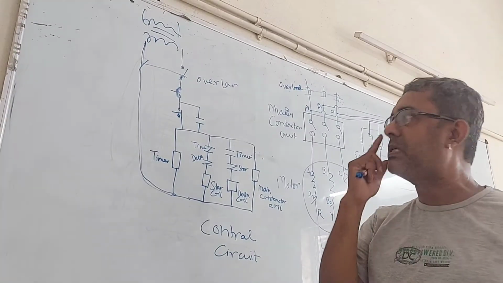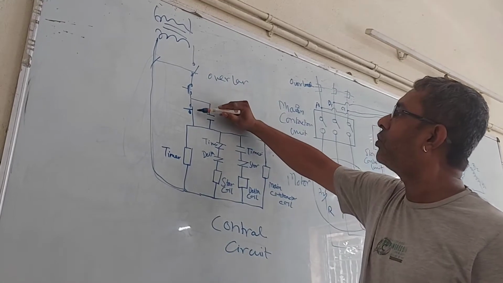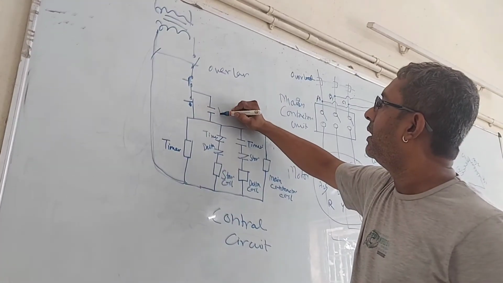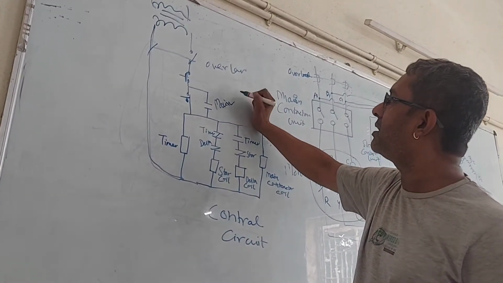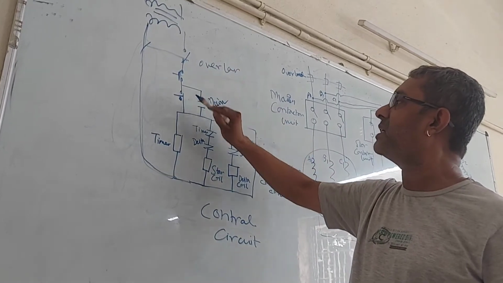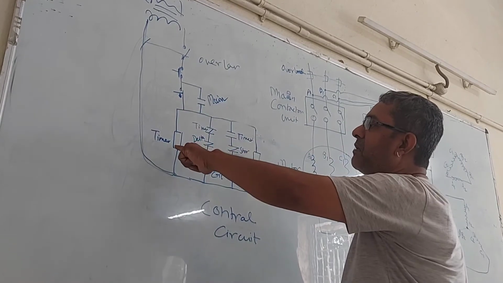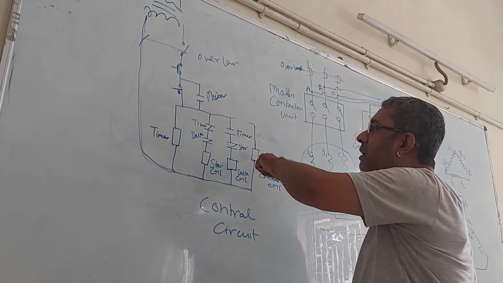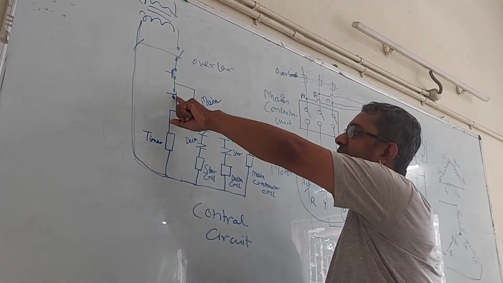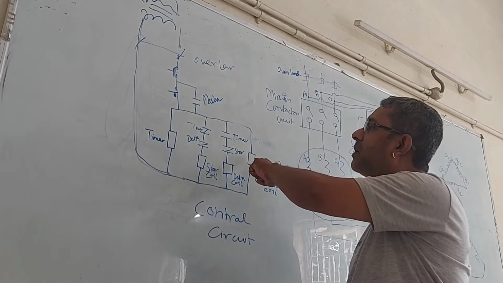Now when I press the start switch, current will flow through the start switch. Here is a main contactor unit NO contact. Okay, later I will discuss. When I press the start switch, current will flow to the timer and the main contactor coil.